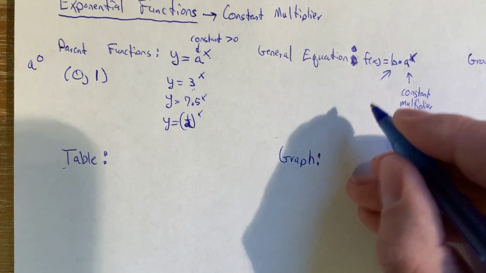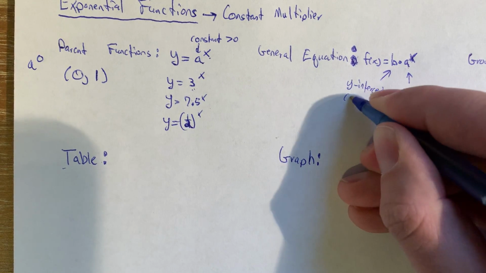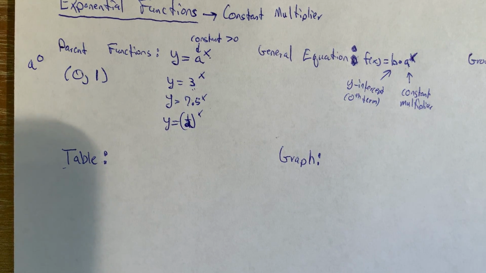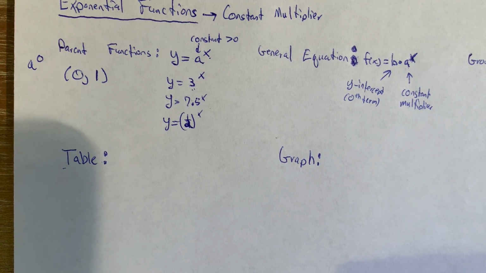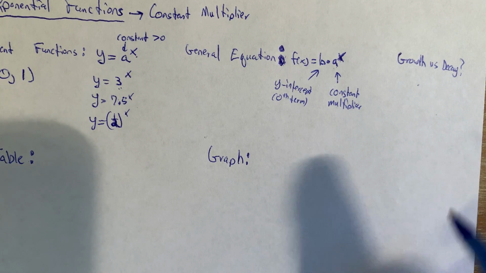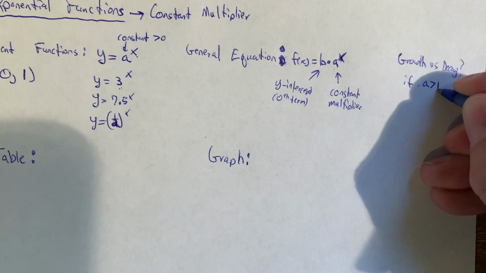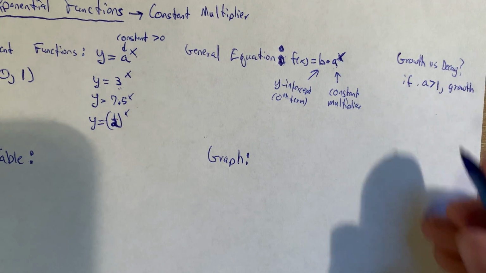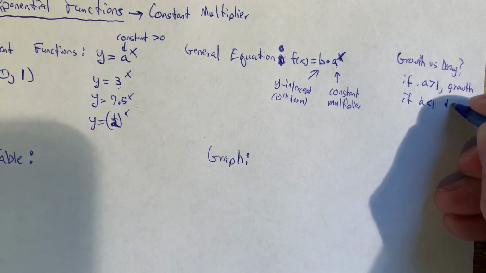And the b will be the y-intercept, the 0th term, the starting value. And depending on what the multiplier is, this could either be growth or decay. If the multiplier is bigger than 1, this is growth. If the multiplier is less than 1, this is decay.